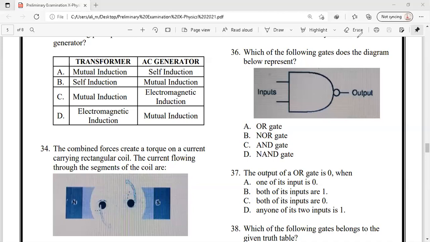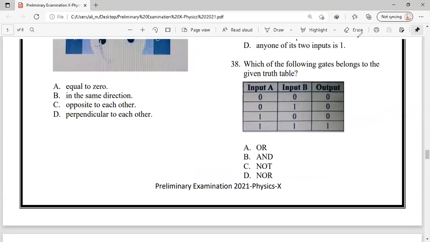So let's quickly move to question number 38. Which of the following gates belongs to the given truth table? We have a truth table where all the inputs are 0, the output is 0. When all the inputs are 1, the output is 1. So this is our AND gate.